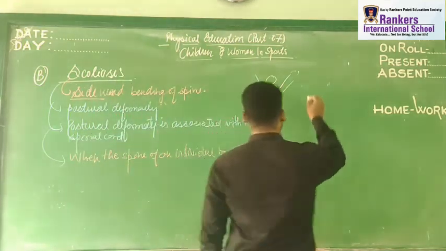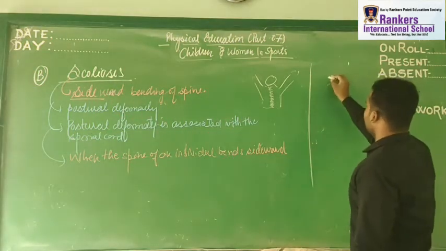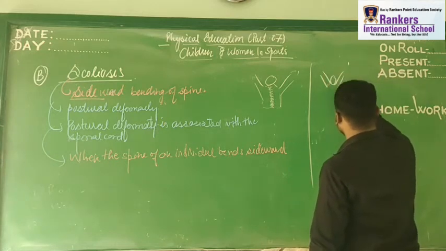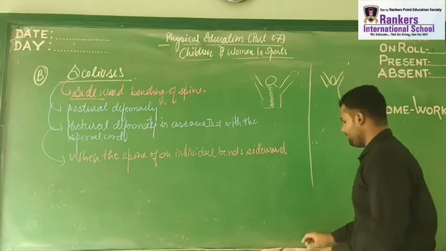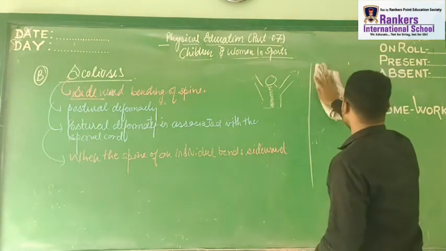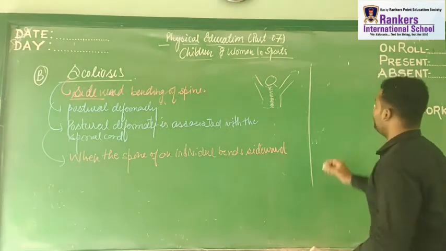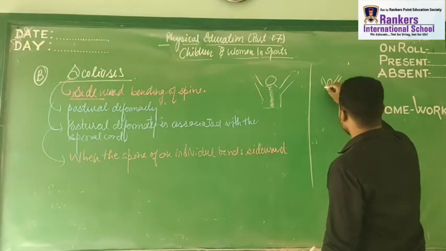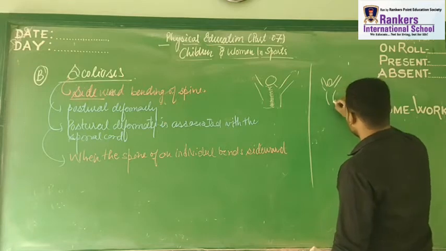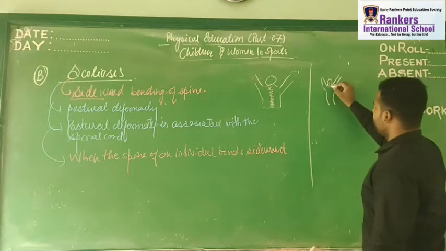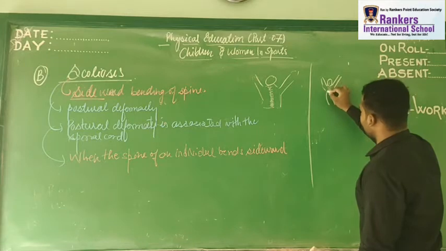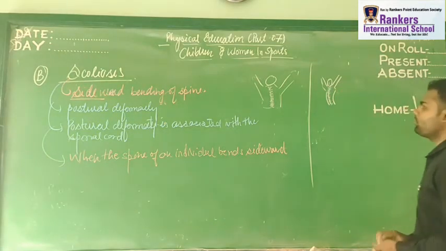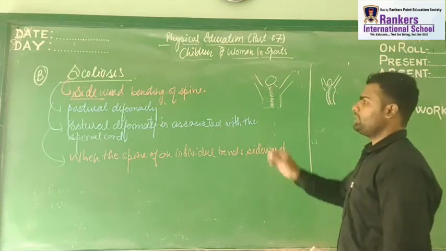In the same way, I'm making another one. Okay, let me erase it so that you can understand if I make it properly. Again, this is the spine. So what I was telling you guys is scoliosis.